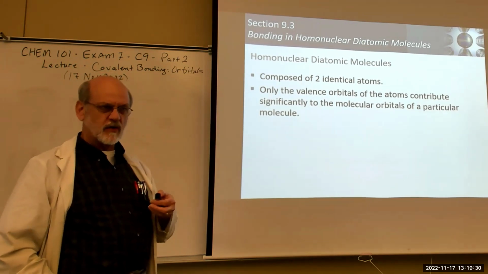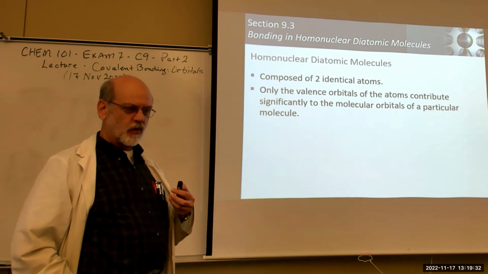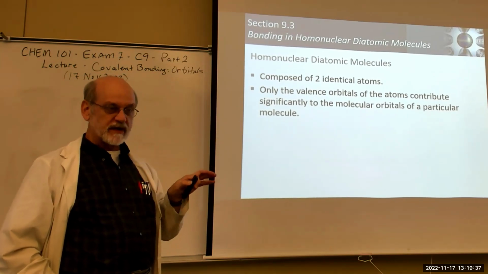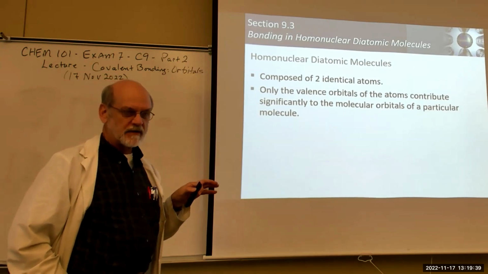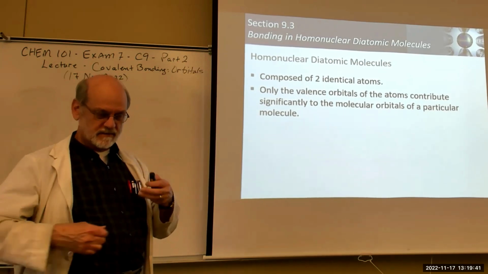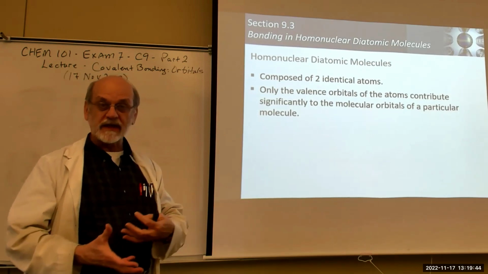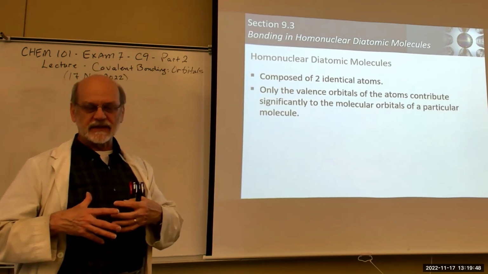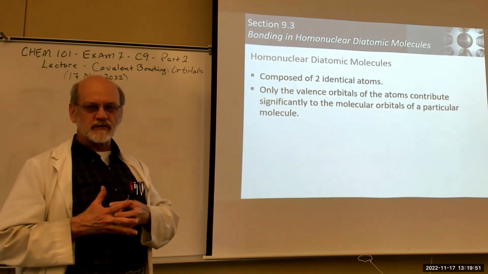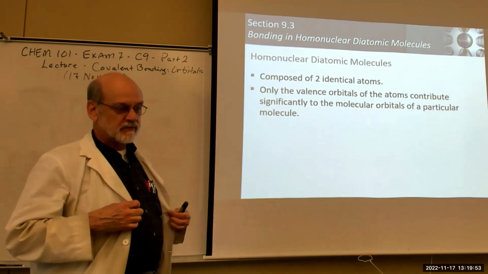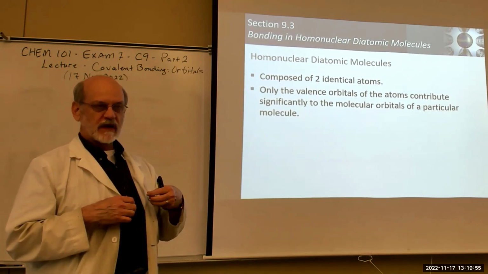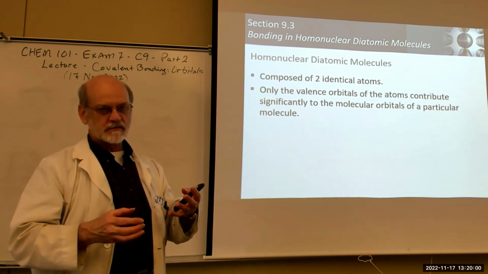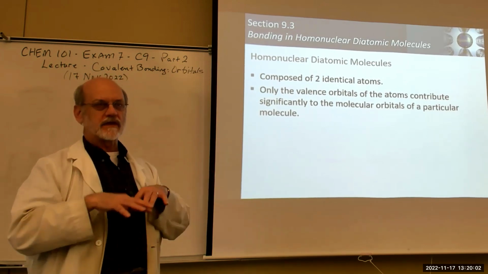So we typically don't even deal with the core electrons, even though we recognize that they are part of the molecular orbital system. They still, as core molecular orbital electrons, do some shielding and don't interact so much with the bonding. But we have to include them because of the concept of delocalization. All the electrons in the molecule are delocalized over the entire molecule.